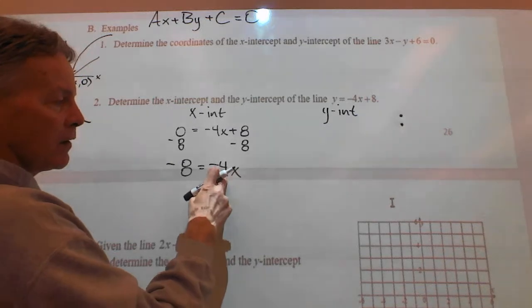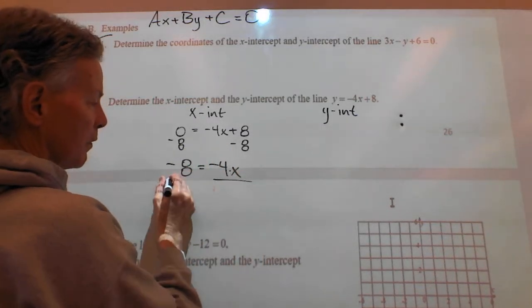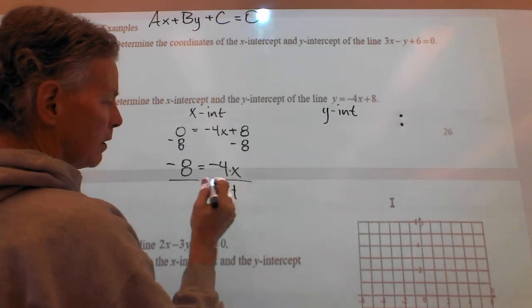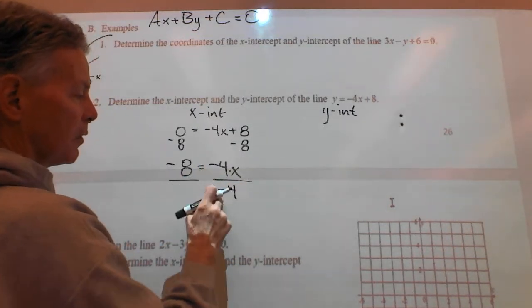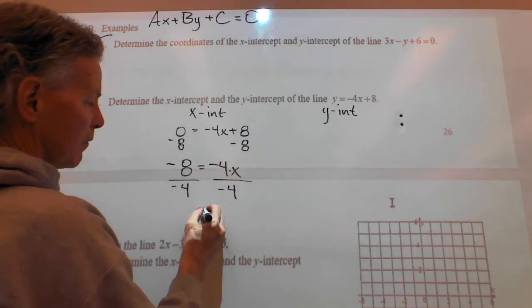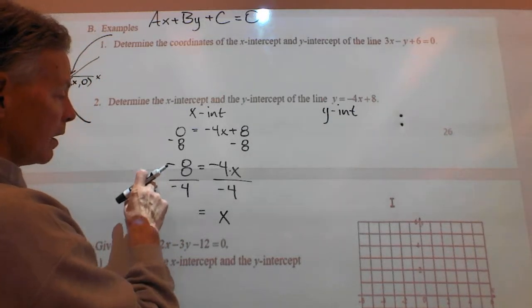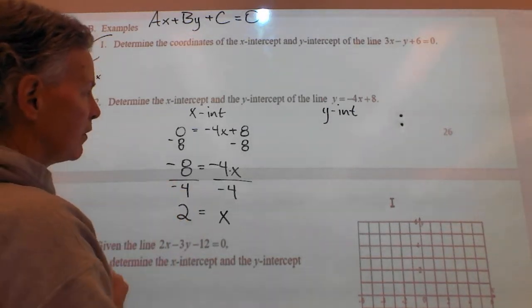Then we want to get rid of this negative 4 because it's multiplied. When we get rid of it, we're going to have to divide by what we're trying to get rid of. So we're going to divide both sides by negative 4. Negative 4 divided by negative 4 is 1. So that leaves us with 1x. Negative 8 divided by negative 4 is 2.